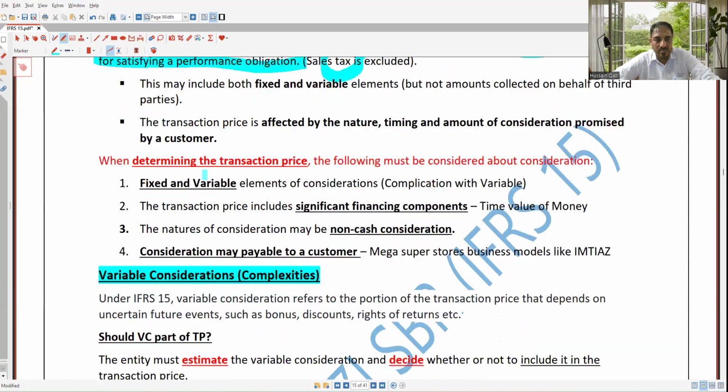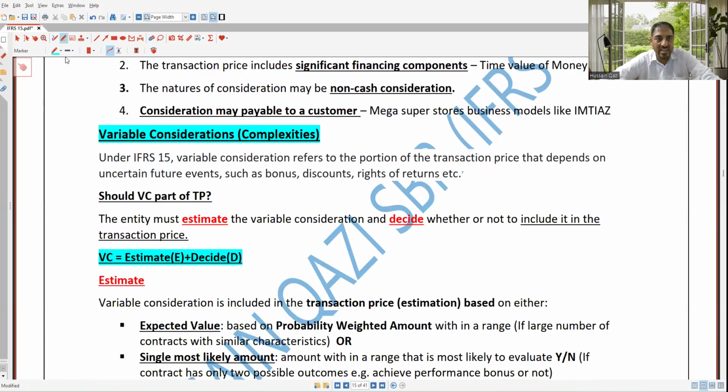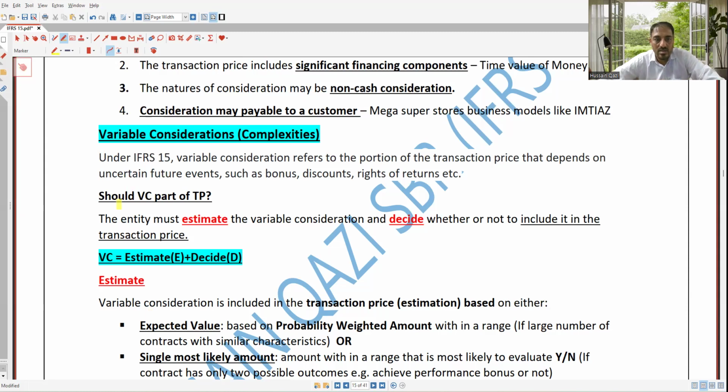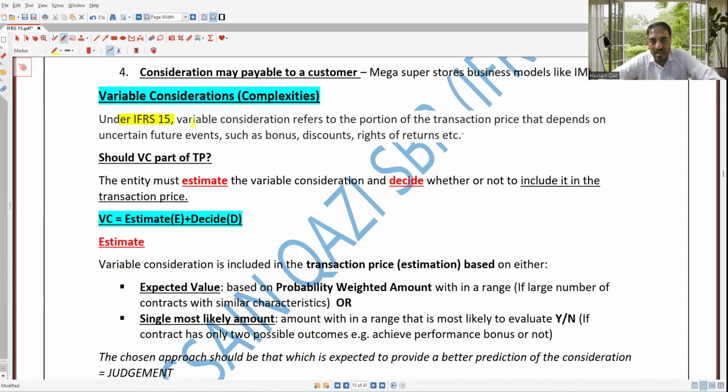So, the first thing is about variable consideration. Under IFRS 15, variable consideration refers to the portion of transaction price that depends on uncertain future events: bonus, discount, rights, penalties, etc. What's the issue?